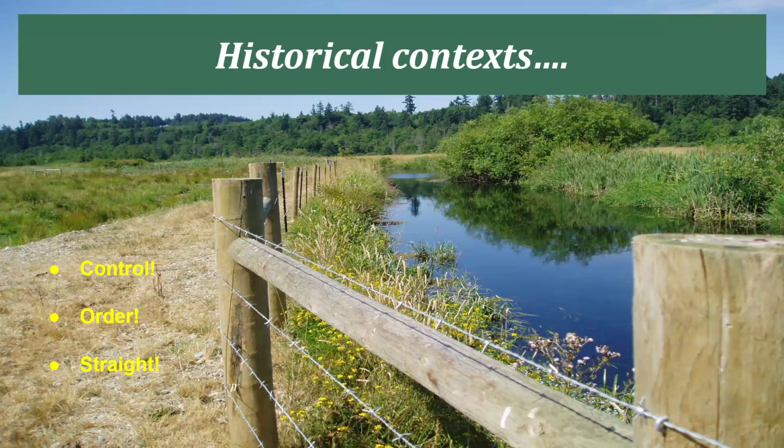So historically, and really not even very far back in history, the belief was that a healthy river system is a singular, straight channel with very little complexity and total control. It was even thought that wood in the water was problematic and that it was a barrier or an obstacle and it looked messy.